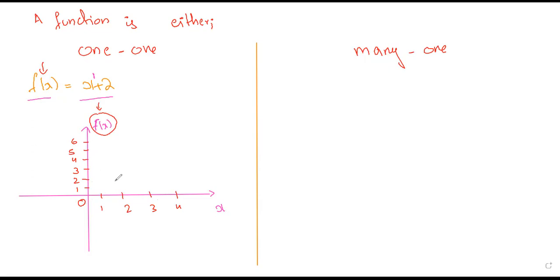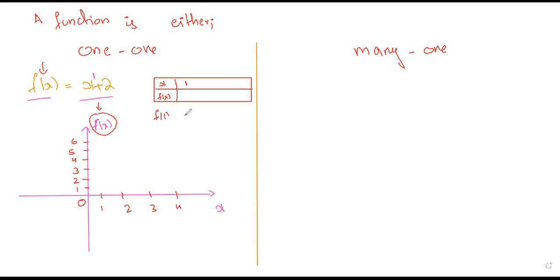Okay, now what is this? F of x equals x plus 2. Okay, let's make a small table and see how to plot this. This is x and this is f of x. Now when x is 1, what is the value of f of x? Please tell me.